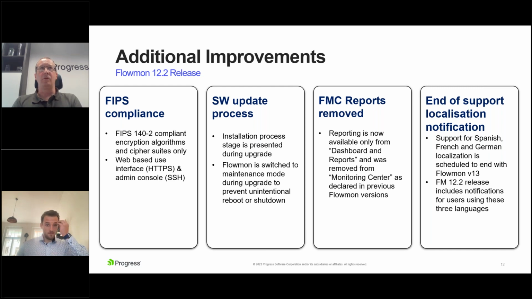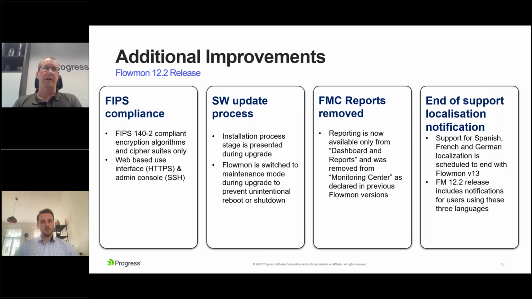We have improved the software update process. I remember this being a feature request or ask for improvement from the user base. Now the software update process is more explicit, more detailed, and it informs you about the progress during the installation process. So when you face any issues, you can see at which moment it got stuck, and you can more easily communicate with support about it.